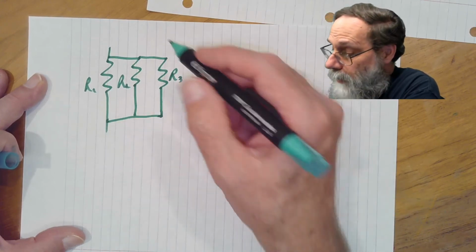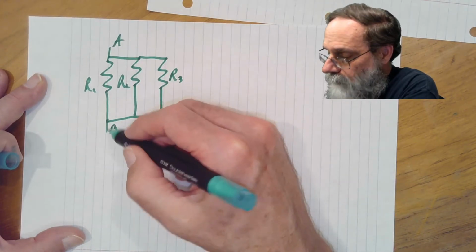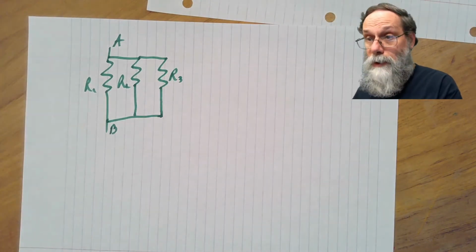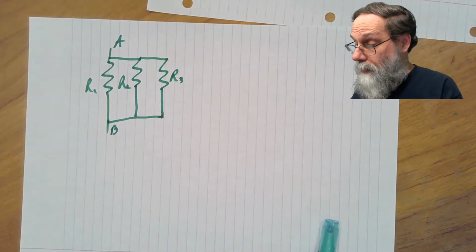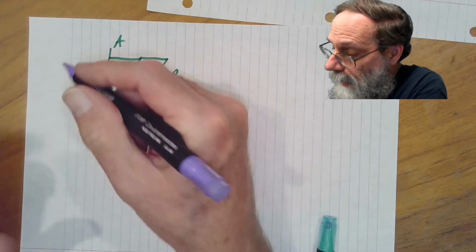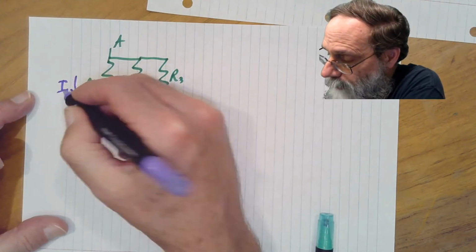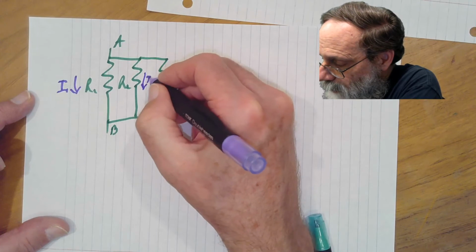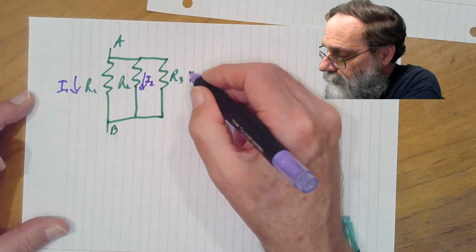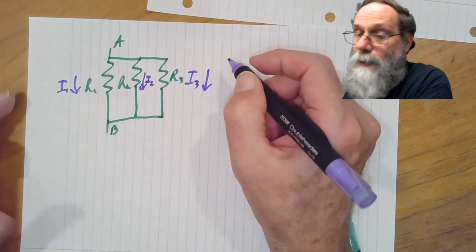We've only got 2 nodes here, but each of these resistors might have a different current. So we'll have I1 through that resistor, I2 through the second resistor, I3 through the third resistor.